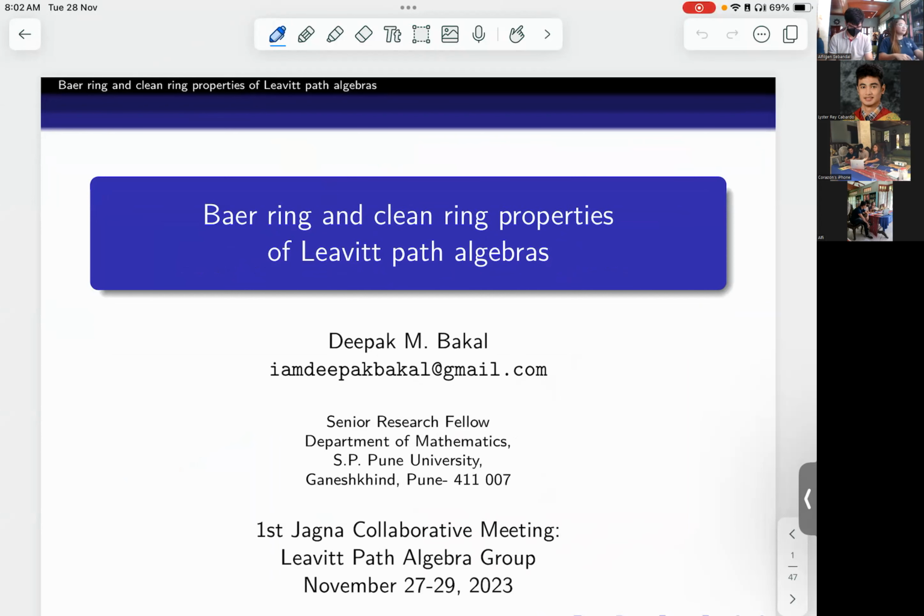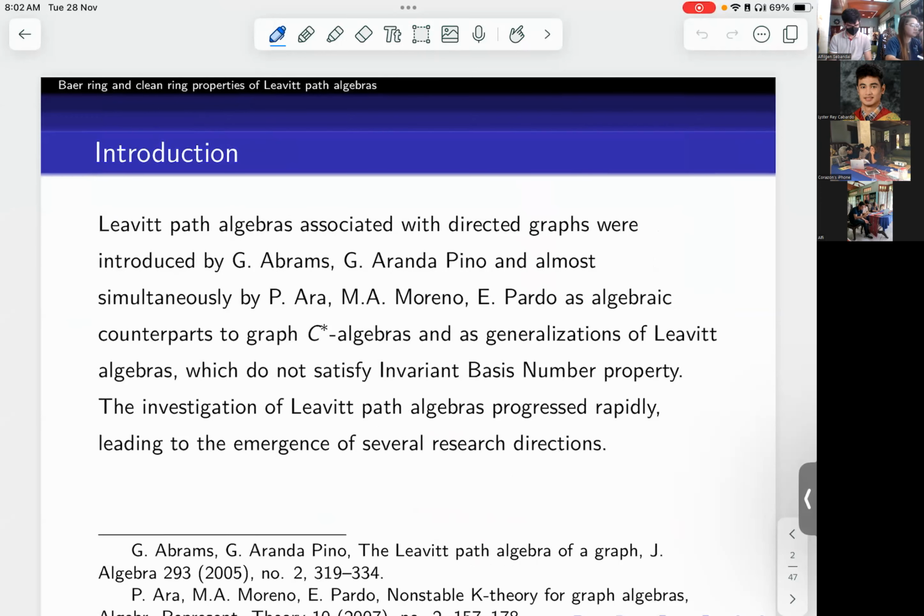So, thank you for the opportunity. Today I will be talking about the title of the talk, which is Baer rings and clean ring properties of Leavitt path algebras. Leavitt path algebras are defined with directed graphs, sometimes also called quivers.